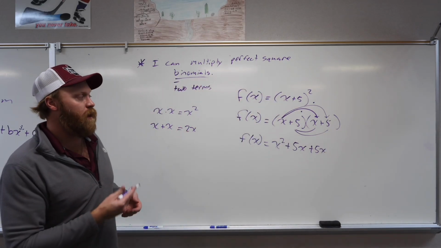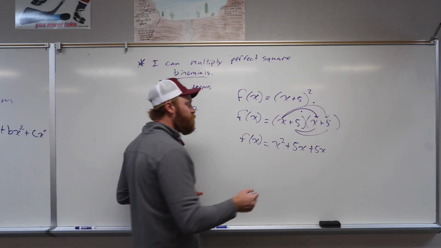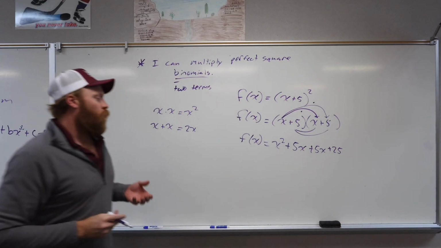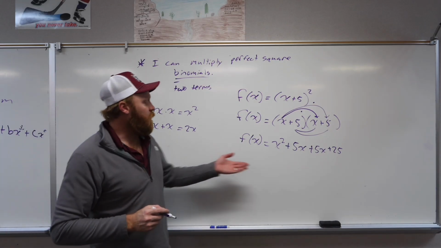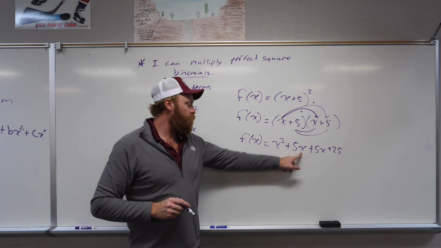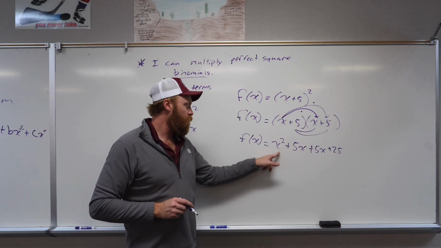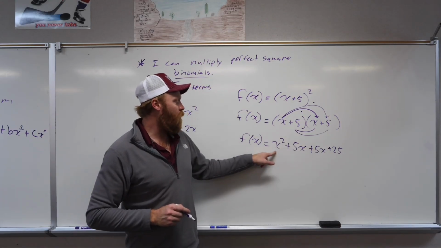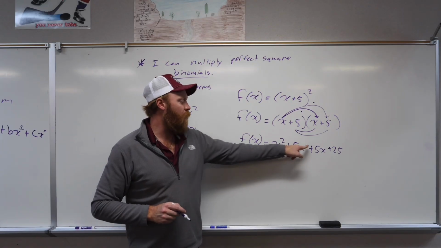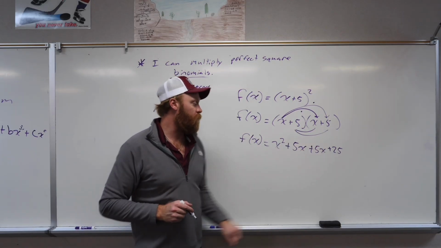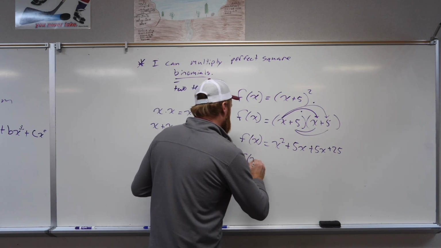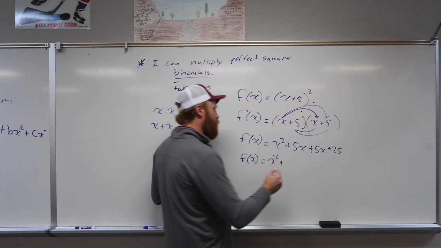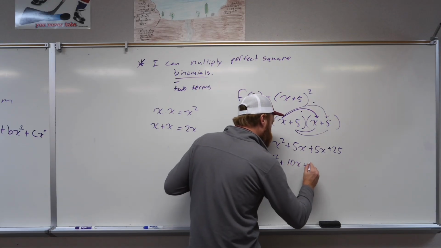And to finish off, we have 5 times 5, which is a plus 25. Now we combine our like terms. Like terms have the same variable, but also have to be to the same power. So x squared is not a like term with these, because they have different powers, but these are like terms. And 5x plus 5x gives us 10x plus 25.